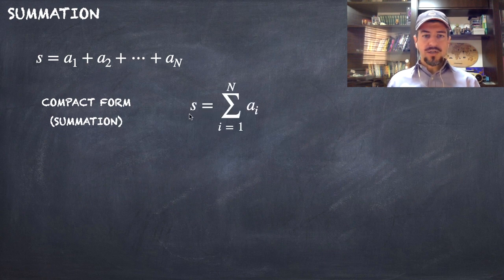You can see that this result S is equal to the sum of ai with i from 1 to n. So i is going to be 1, 2, 3, up to n, and we will have a1 plus a2, the same way that we have here.